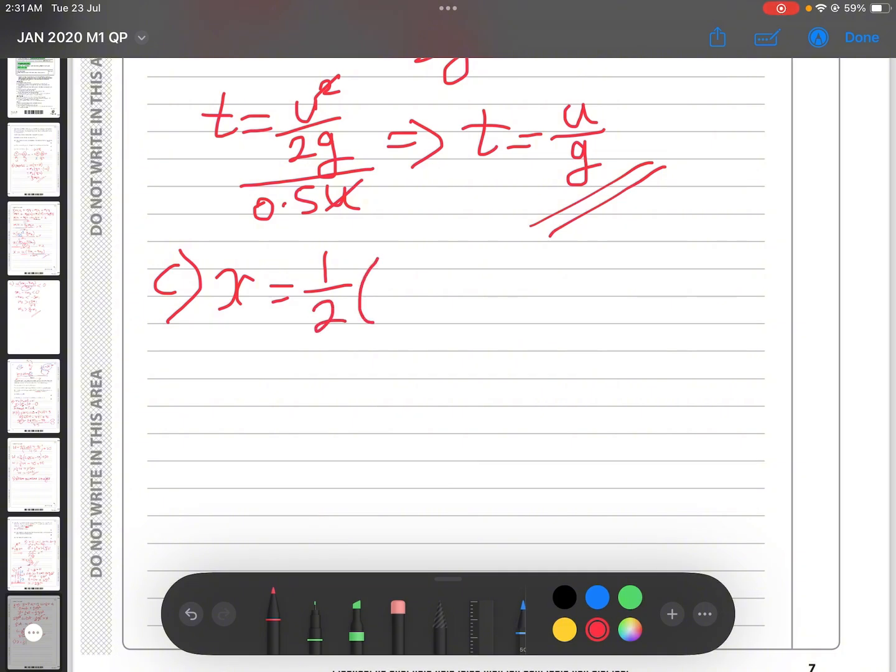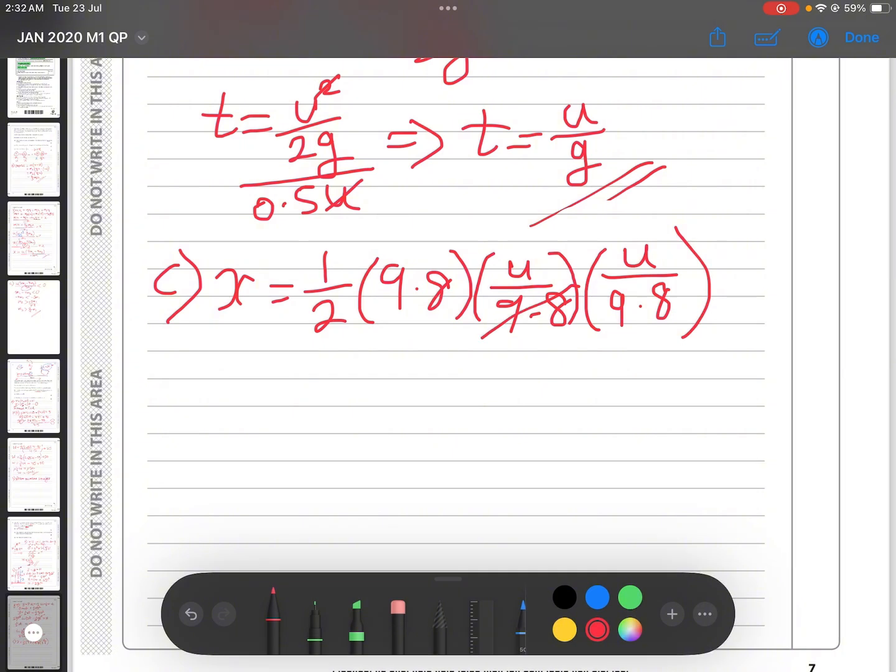Half g is 9.8 over 2, and t squared is u over 9.8 squared, so this 9.8 and this 9.8 can be cancelled.